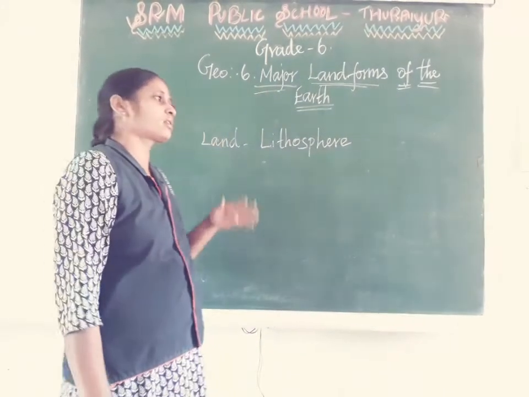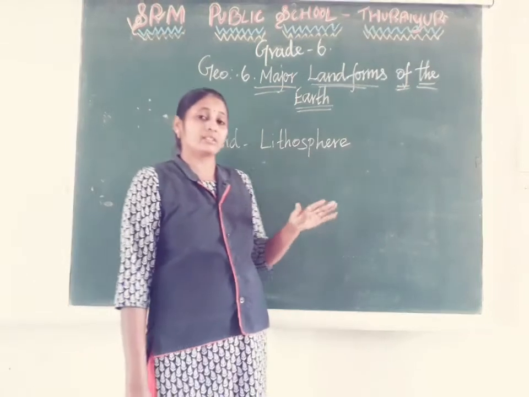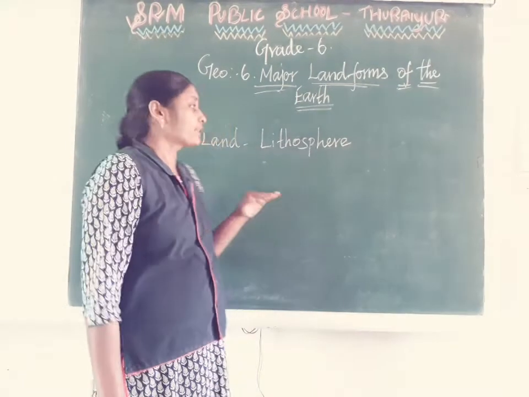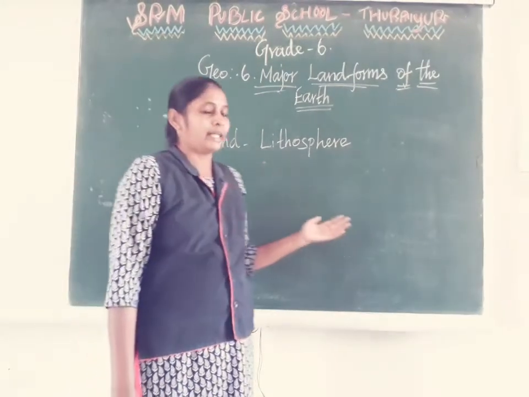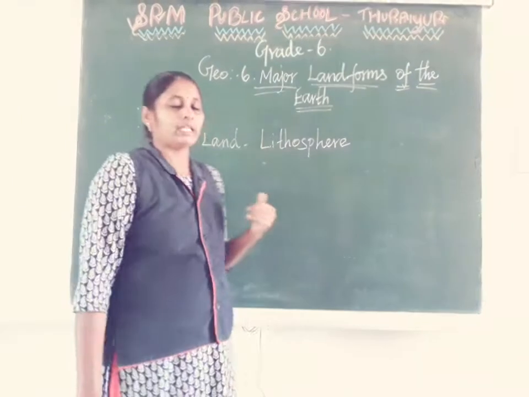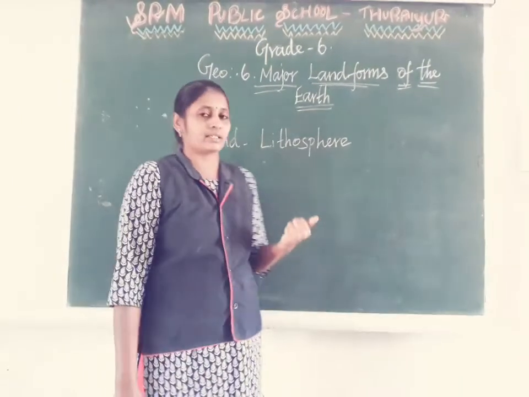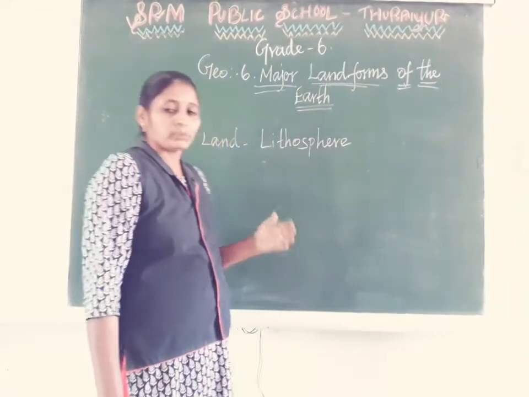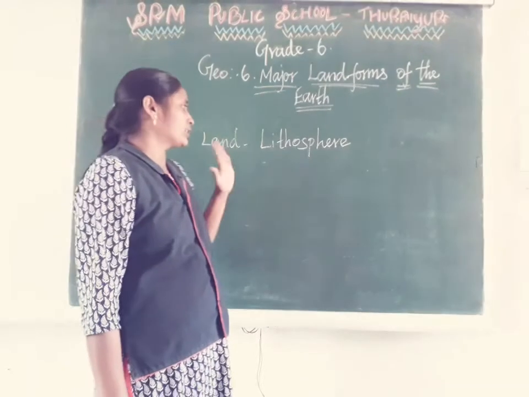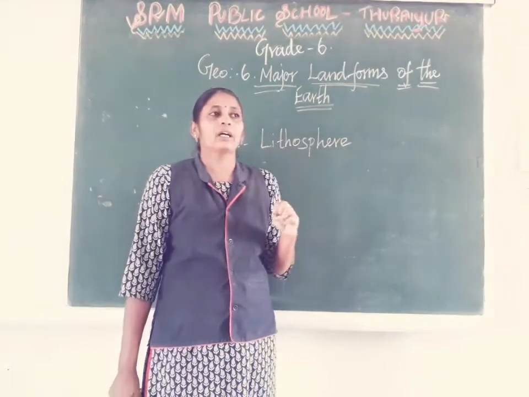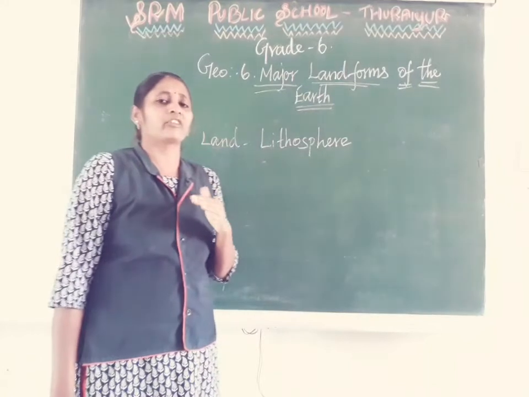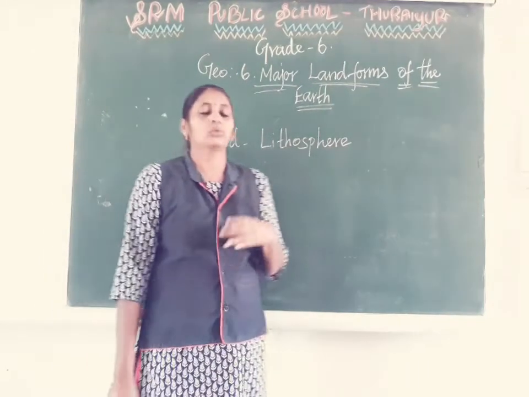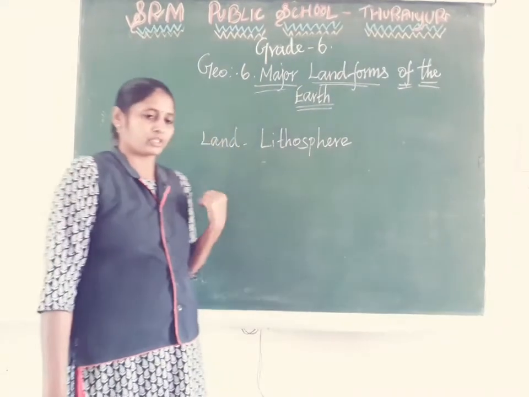In some places it is very rough, in some places very flat. So we are going to discuss this lesson about the lithosphere, particularly some landforms like mountains, plateaus and plains. That alone we are going to discuss.